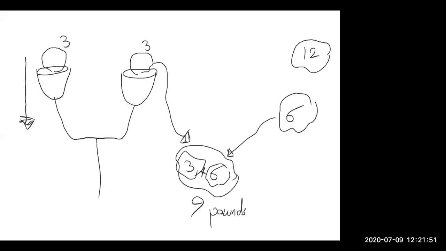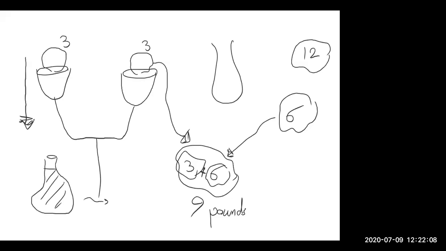Maybe rather than saying we have a bag of nails, it would be better to say we have an amount of water, and we want to get another amount of water. Maybe that would have been a better example, because it's not 24 nails, it's 24 pounds.